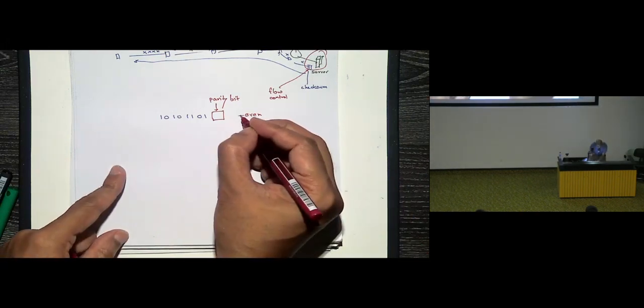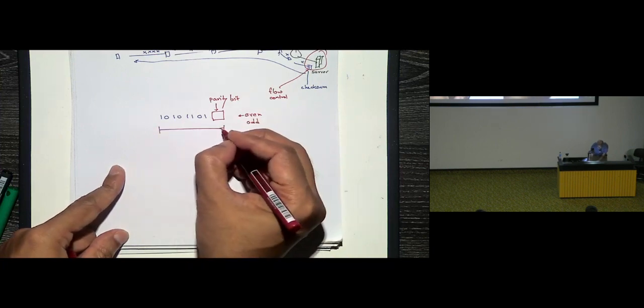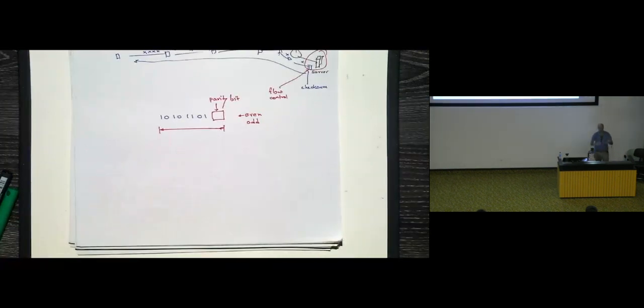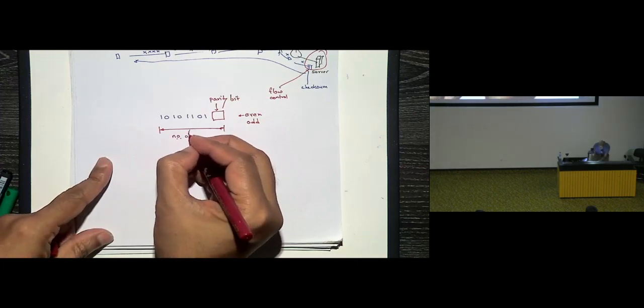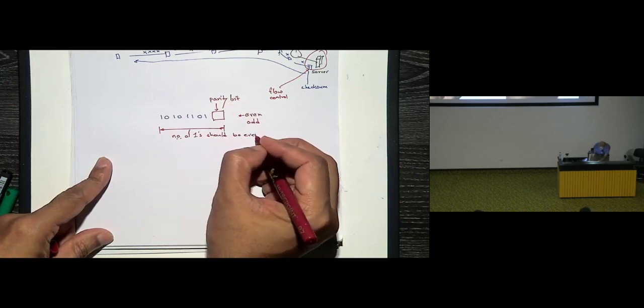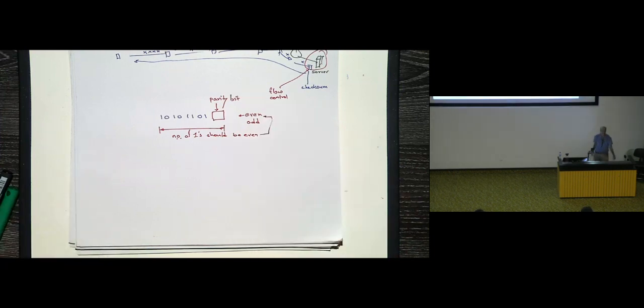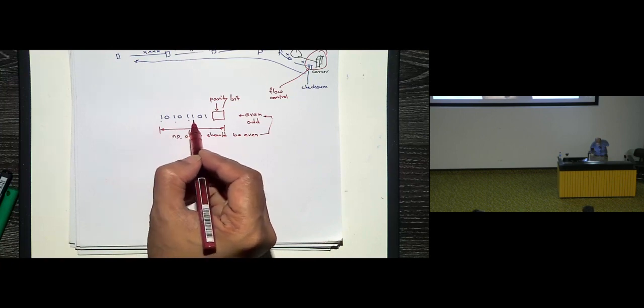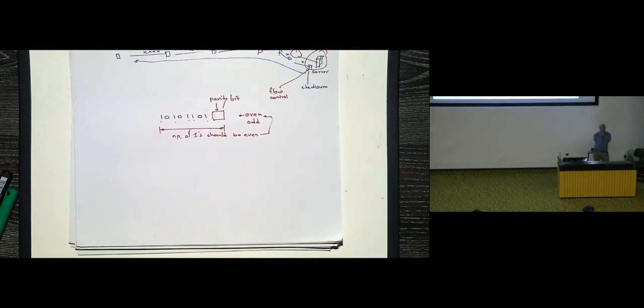The idea of even parity is when I consider all of these bits, the original data bits plus the parity bit, I will look at all of them. Then I will say the number of ones should be even. That's my even parity. So if I'm doing even parity here, I count how many ones there are. 1, 2, 3, 4, 5. So right now I have 5 ones. So that's an odd number. I need it to be even. So I'm going to add a 1 here.